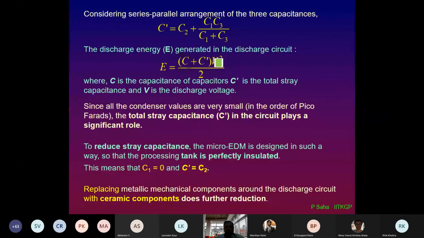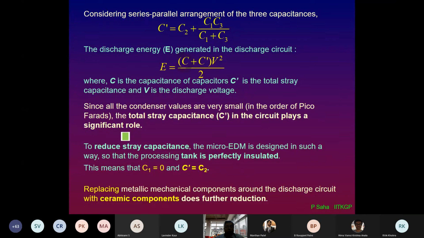So (C plus C dash) times V square divided by 2 will be your maximum discharge energy. Since all the condenser values are very small, the C dash coming out of C1, C2 and C3 is in the order of picofarads, so the total stray capacitance in the circuit plays a significant role.